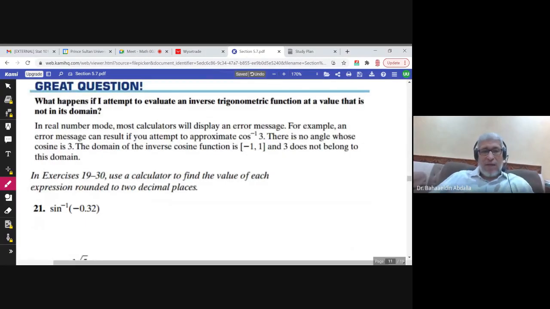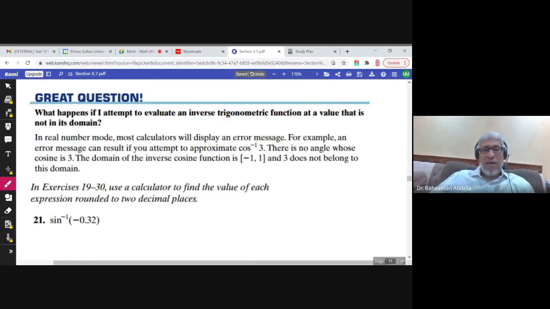Now, in real number mode, most calculators will display an error message. He said here, if I attempt to evaluate an inverse trigonometric function at a value that's not in the domain. For example, cosine inverse 3.